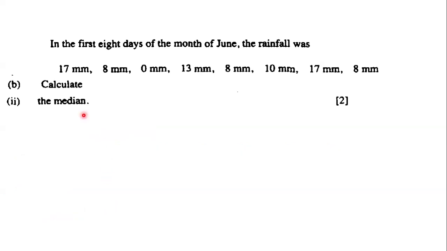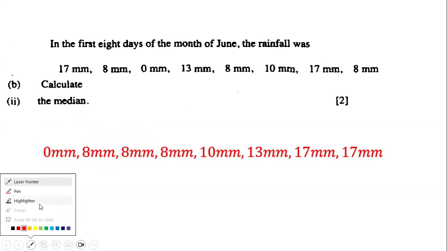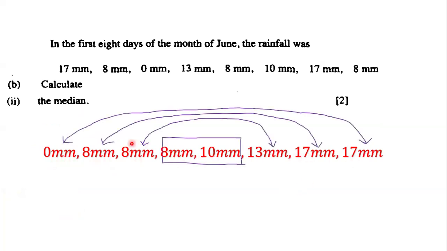Next, we need to find the median. Now, the median is the number that is in the middle once the numbers are arranged in order. And so here we have these numbers arranged in order. We have 0, 8, 8, 8, 10, 13, 17, and 17. And we know that 0 millimeters goes with 17, and then 8 goes with 17, and then 8 goes with 13.